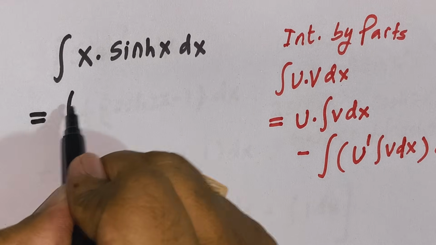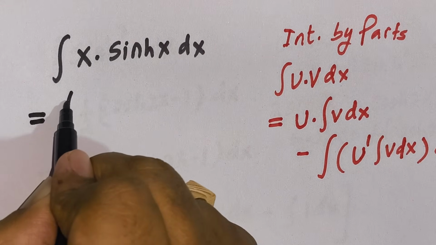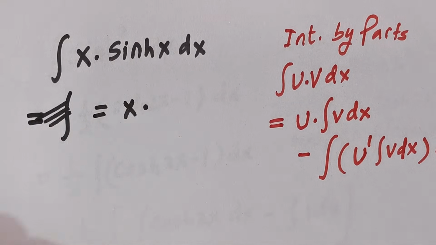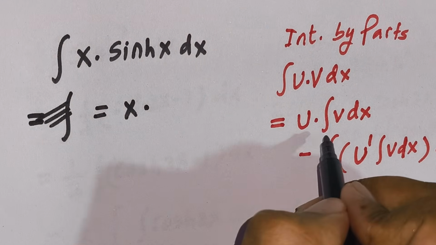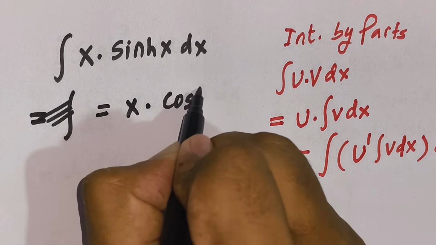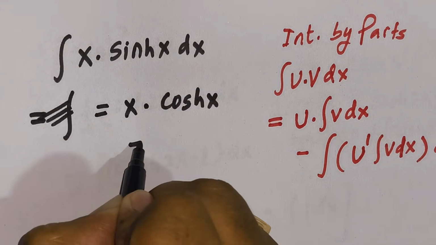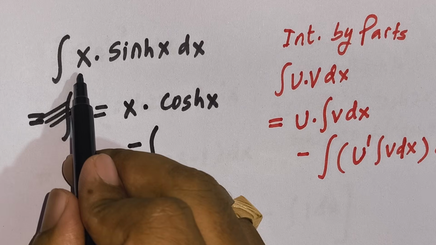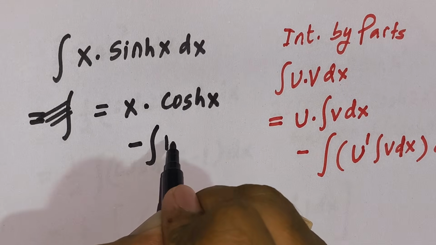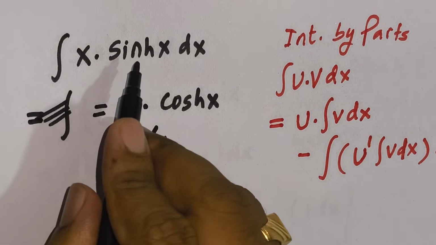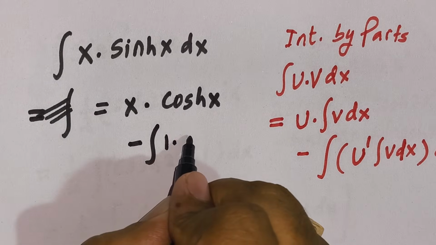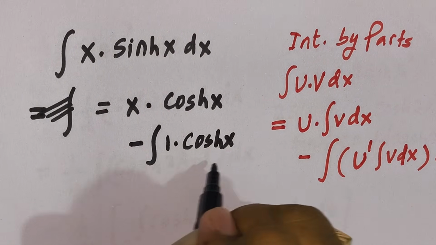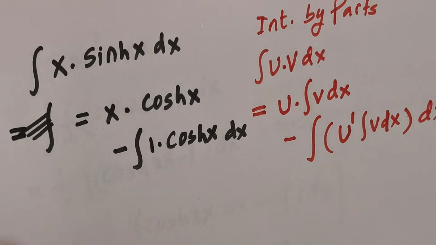What is the integration of hyperbolic sine? Let us do it directly. This will be u, which is x, times the integration of hyperbolic sine, which is hyperbolic cosine, then minus the derivative of u. You have taken x as u, the derivative of x is 1, times the integration of v, which is hyperbolic cosine, then dx.